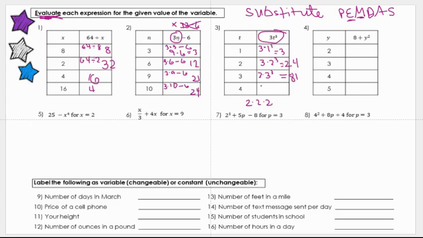And then lastly, we have 3 times 4 to the third. 4 to the third is 64. And 3 times 64 is 192.